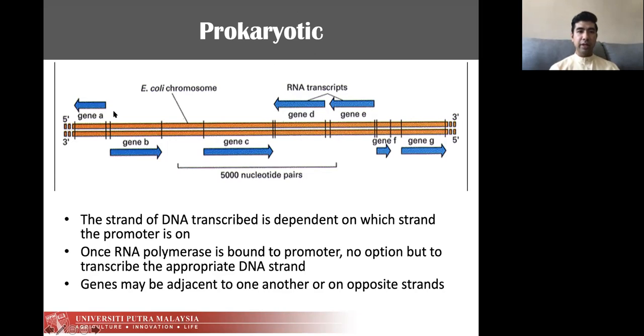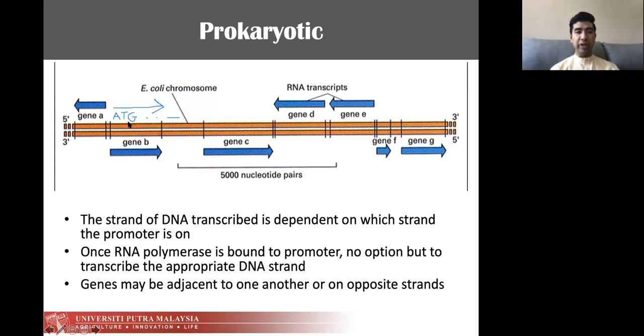So we understand that all this while it goes from 5' to 3'. Your A, T, G, so dot dot, the rest of your nucleotide sequence is being translated.